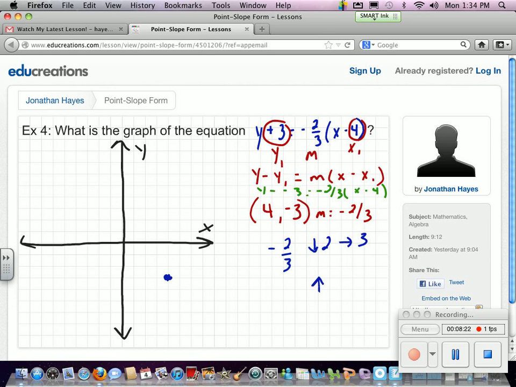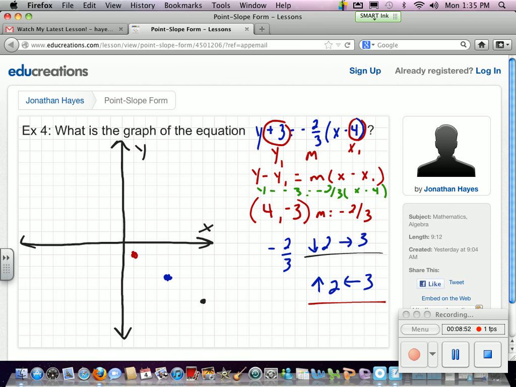I could also go up 2, but then I would have to go left 3. If I start out by using down 2, right 3, 1, 2, 3, put a point there. Then if I went the other way, I would go up 2 and over 1, 2, 3.